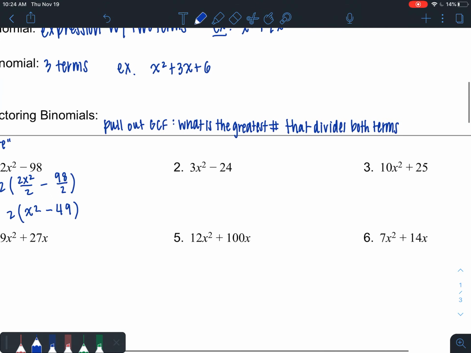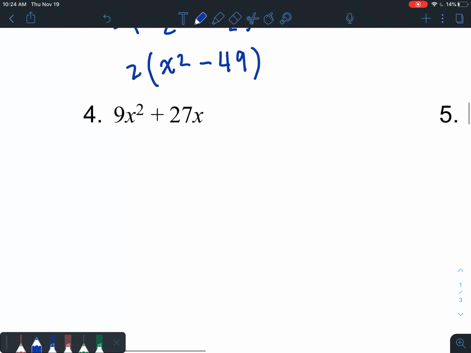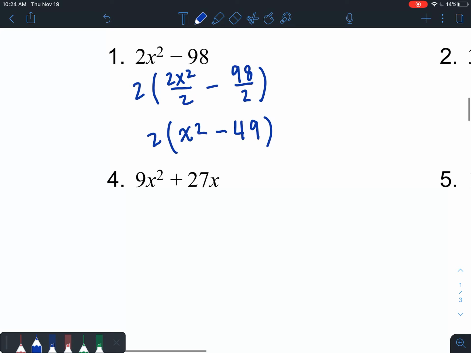All right, let's try another one. Let's try this one here, 4. So I have 9x squared plus 27x. So I'm going to focus just on the coefficients first. So between 9 and 27, 9 divides both 9 and 27.